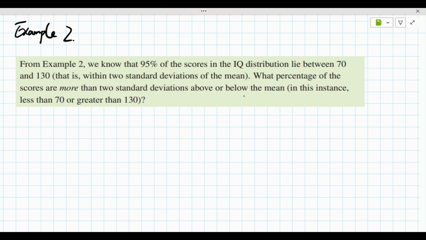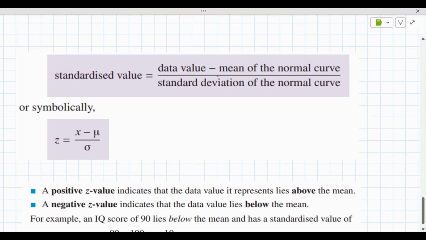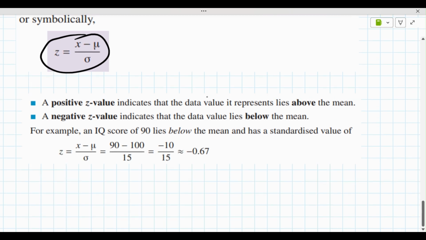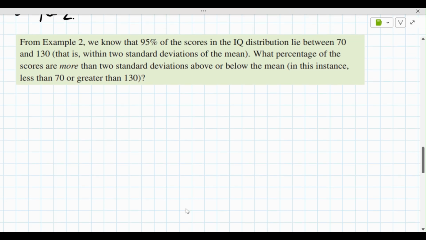The standard value is the data value minus the mean of the normal curve, divided by the standard deviation of the normal curve. Here are examples for you to understand the positive z value and negative z value. Another example is where we find 95% of the standard deviation.